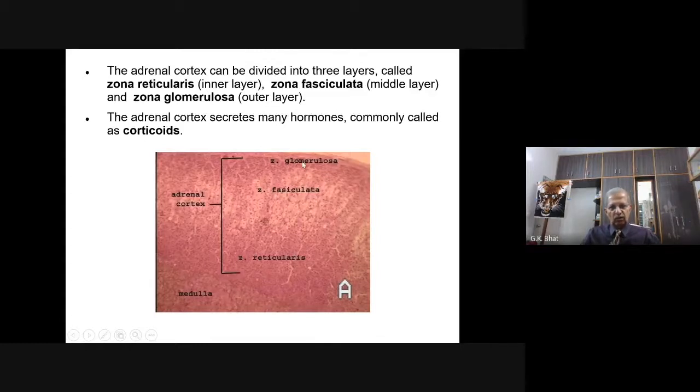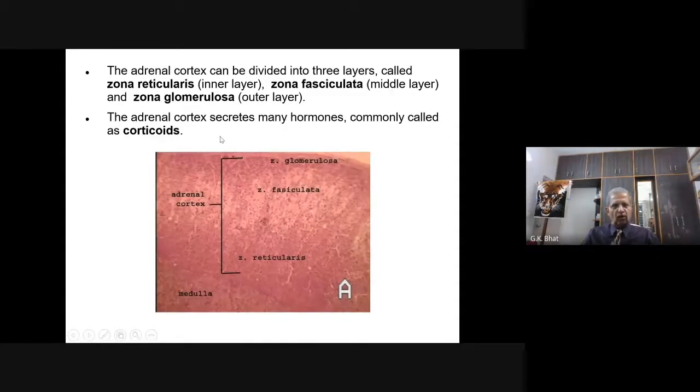Which one is the outermost? Which one is the middle one? Which is the innermost? You have to know very well. Glomerulosa, fasciculata, and reticularis.